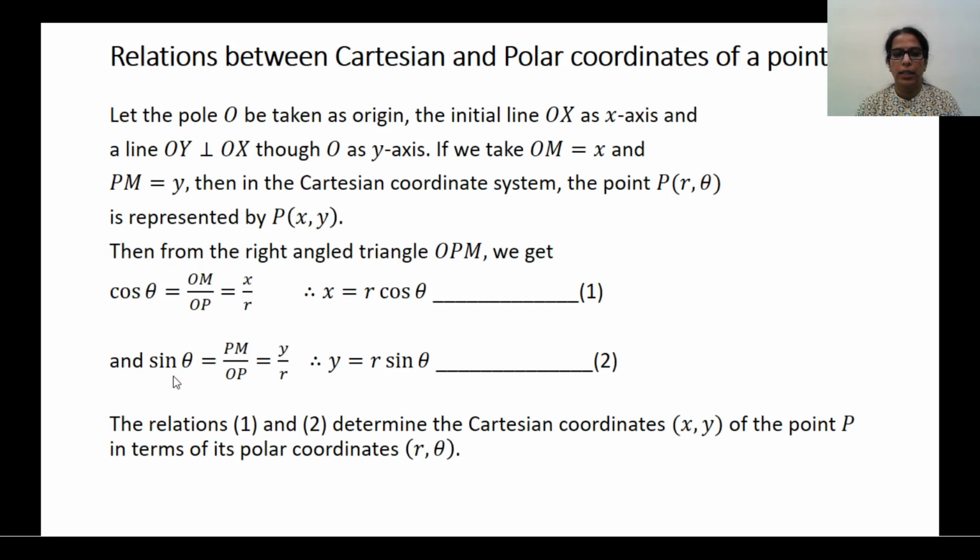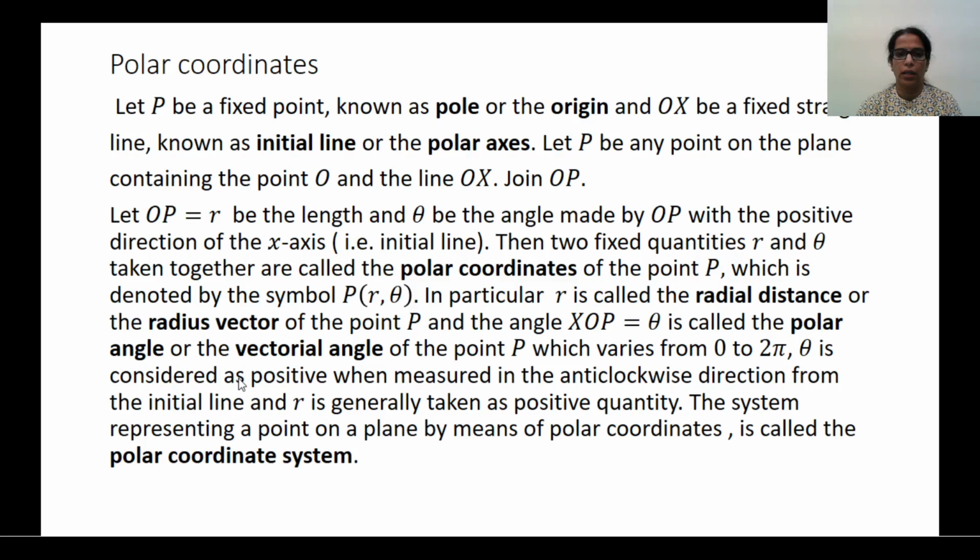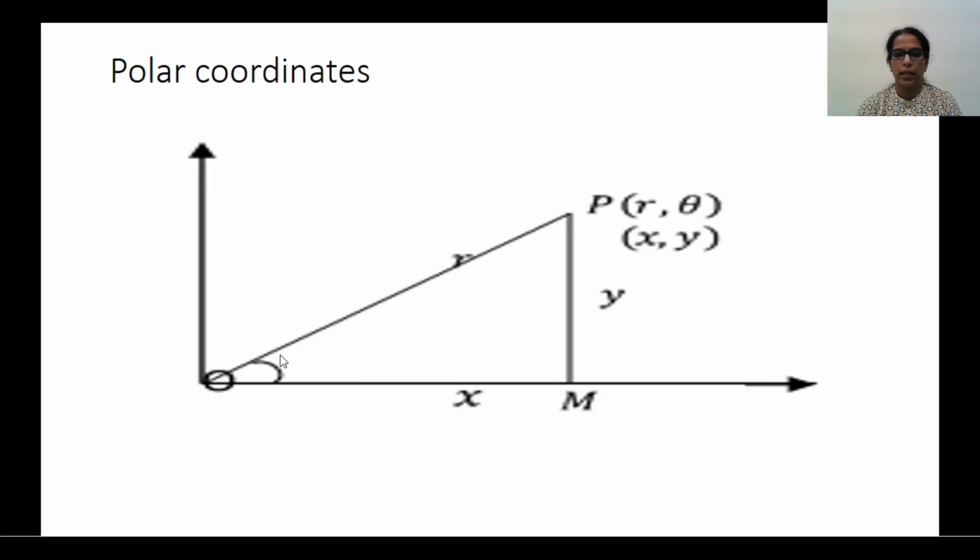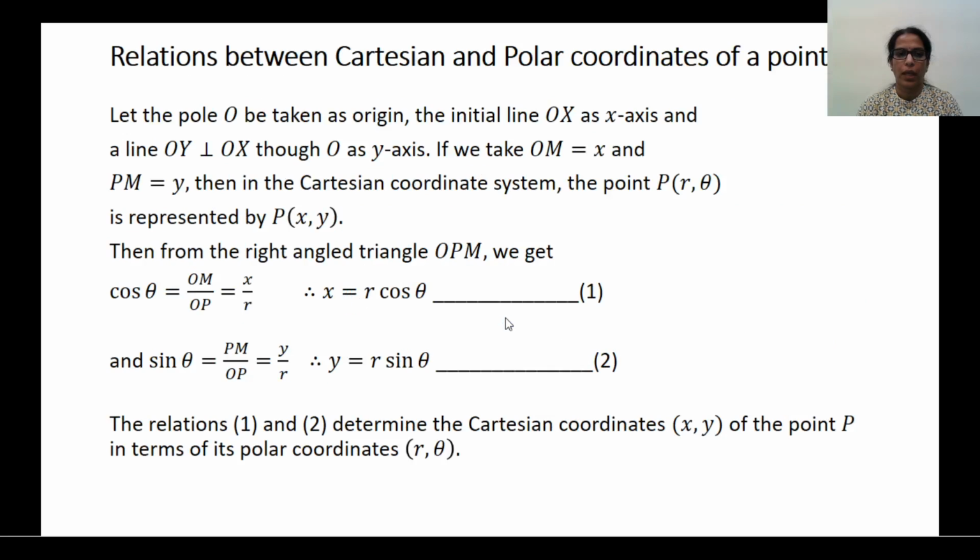Sin theta is nothing but opposite by hypotenuse, that is PM by OP. So sin theta equal to y by r. Cross multiply this, y equal to r sin theta.